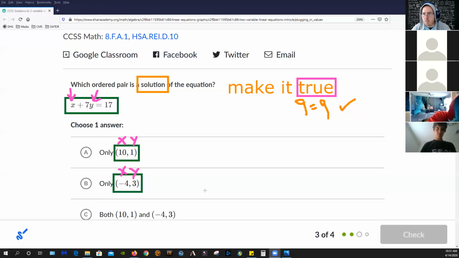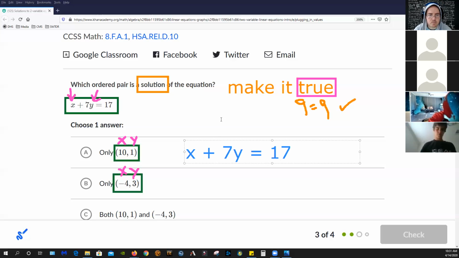Okay, so let's see if either one is true, or maybe both are true, maybe only one of them is true. Okay, so this guy. First thing I'm going to do is write down my equation, which is x plus 7y equals 17.